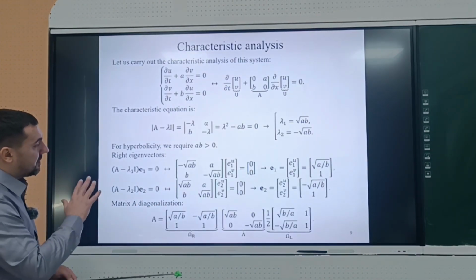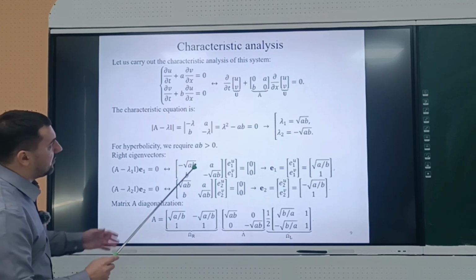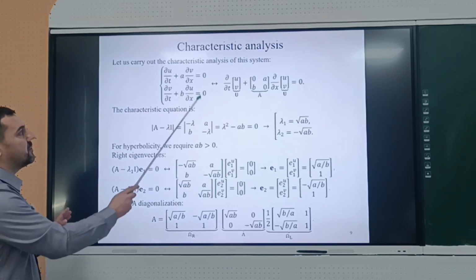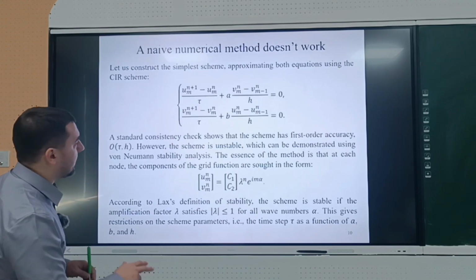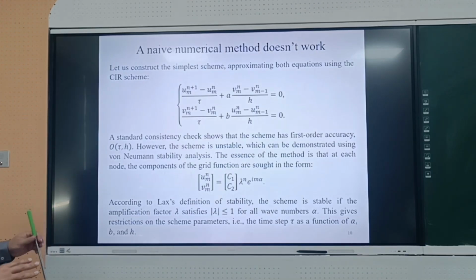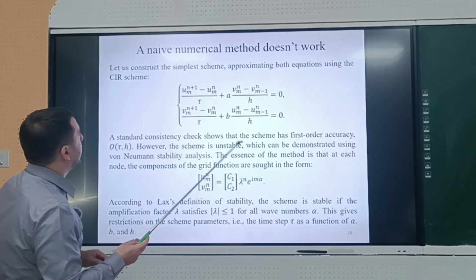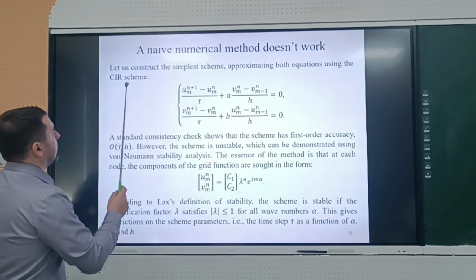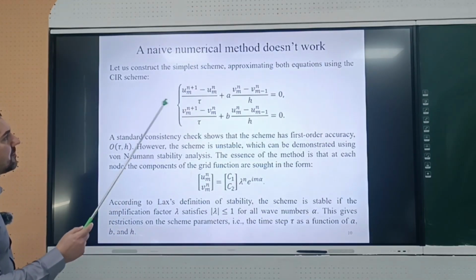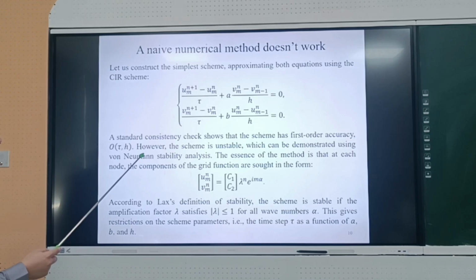But okay, suppose we require that AB is greater than 0, so the matrix is hyperbolic. How can we solve this system numerically? First of all, suppose that we did not attend such courses, and we propose a naive numerical method which actually doesn't work. Let us construct the simplest scheme approximating both equations using the Courant-Isaacson-Rees numerical scheme.